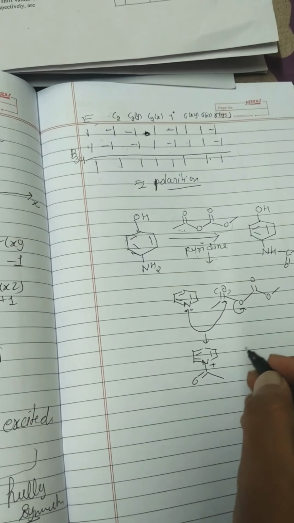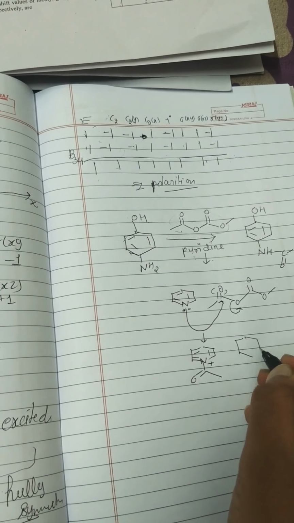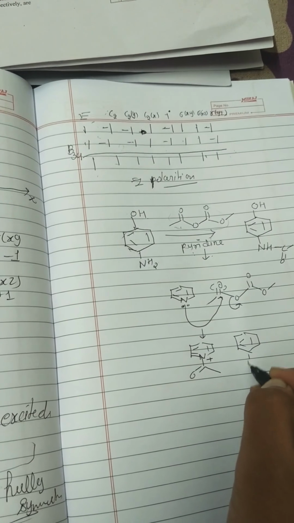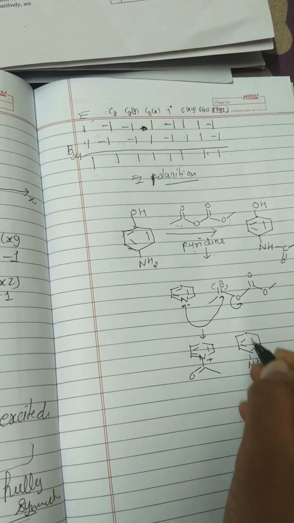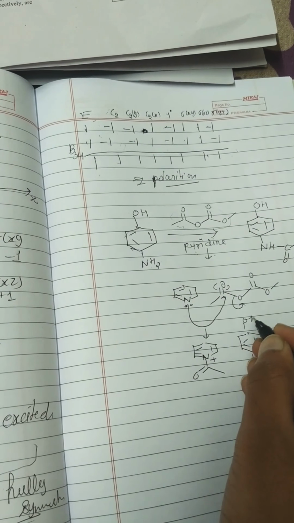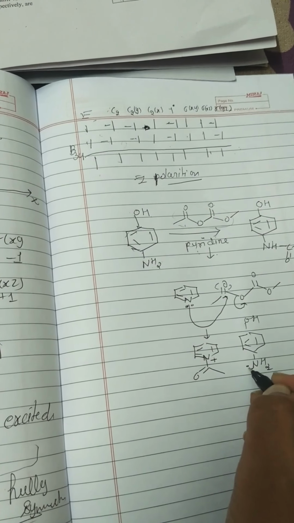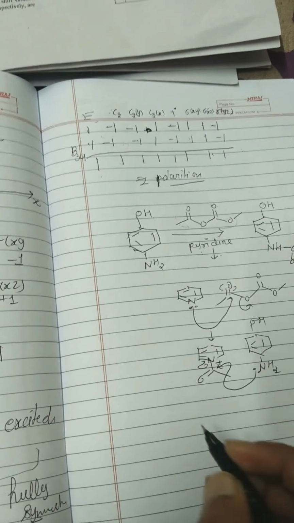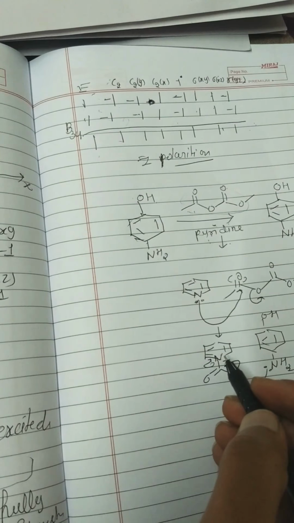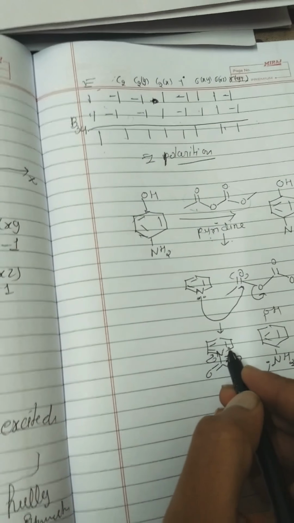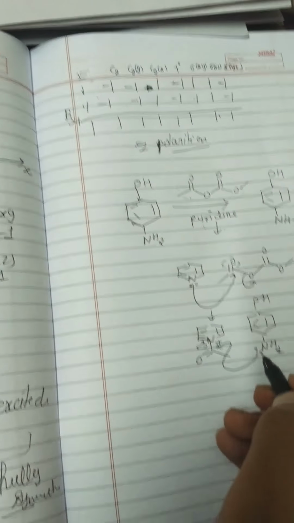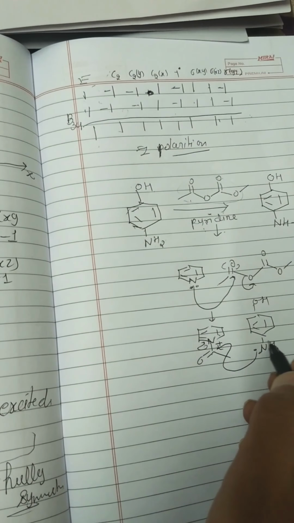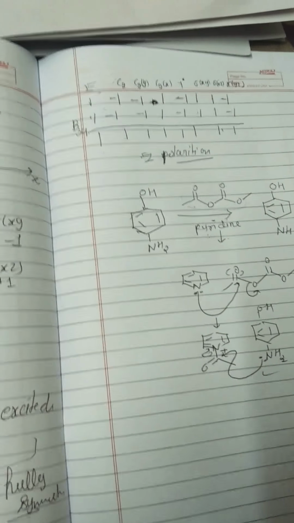Then your reactive species, this amine group, will attack here, and the pyridine will leave. So it does nothing, it just acts as a catalyst, so that this reaction becomes faster. So the correct answer is that the acylation will take place on the nitrogen.